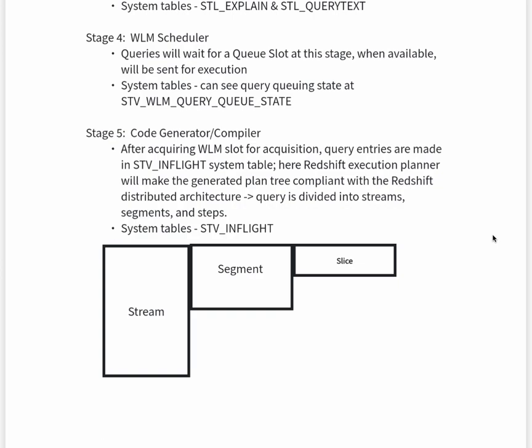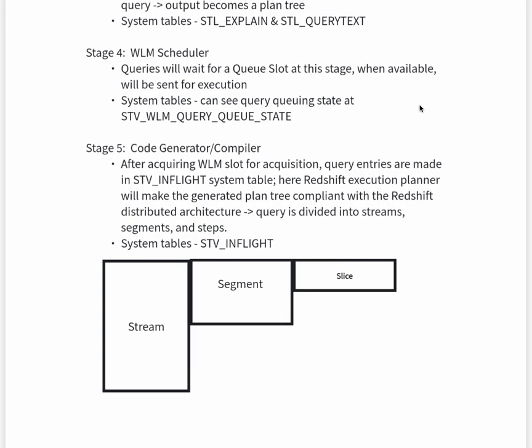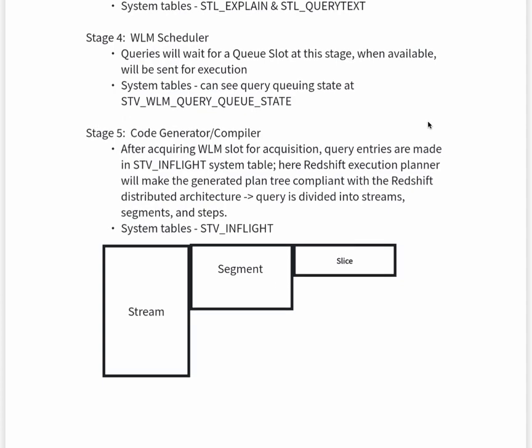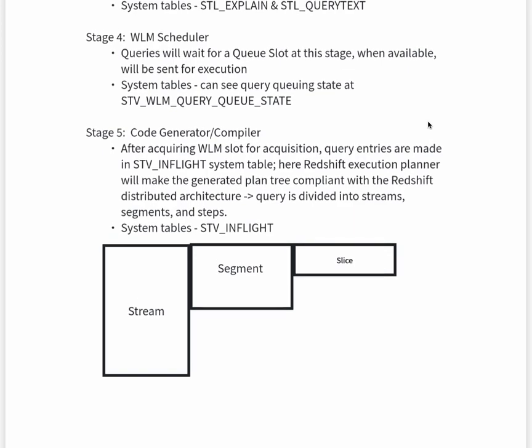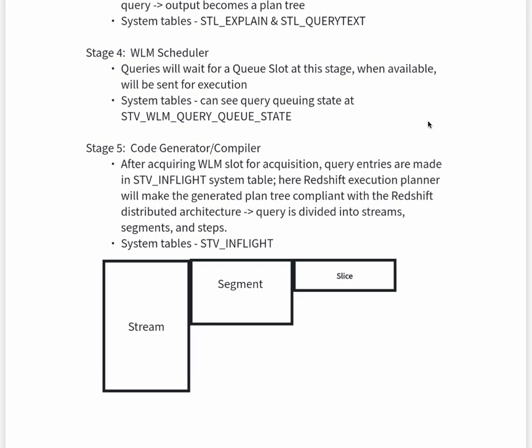WLM Scheduler. WLM stands for Workload Management. It is a very powerful configuration that decides the queuing and the query processing order within your Redshift environment. For example, we have seen a lot of critical queries with our customers that are being placed in the default queue. Basically, the default queue is the last in order to be processed.